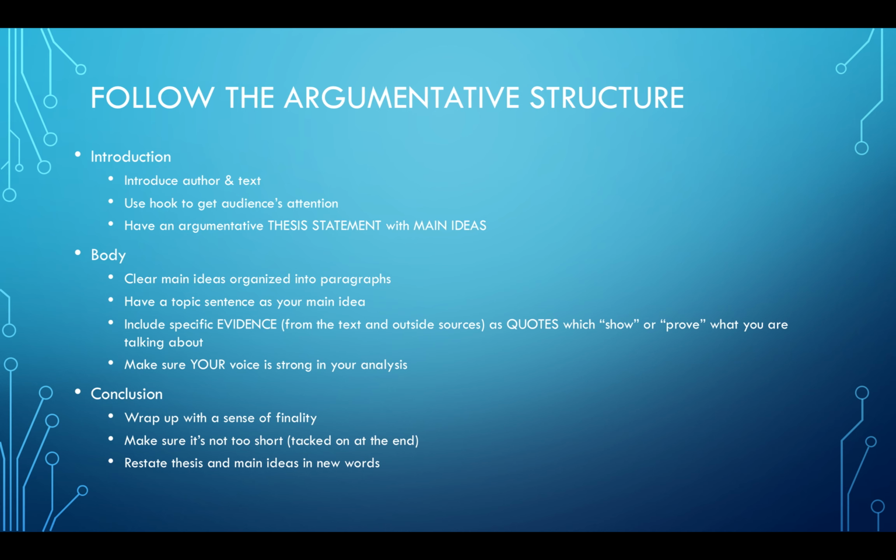You need to have topic sentences at the start of your paragraphs, which clarify or convey what that main idea is. And you need to include specific evidence from the text and outside sources if you use them. And evidence comes in the form of quotes, which show or prove what you were talking about. You can't just tell me that in The Yellow Wallpaper, the wallpaper symbolizes her insanity.